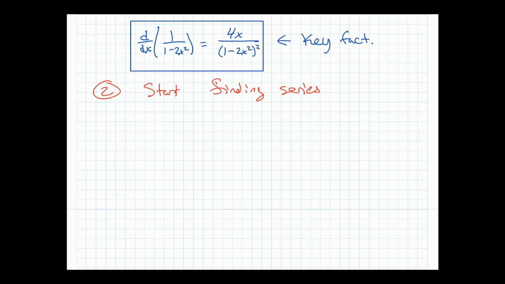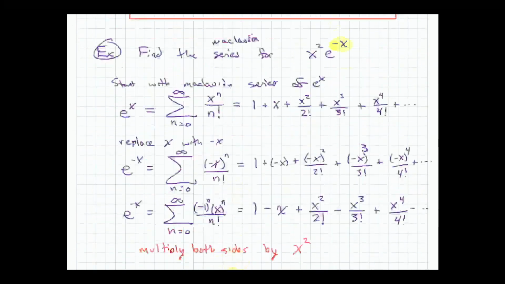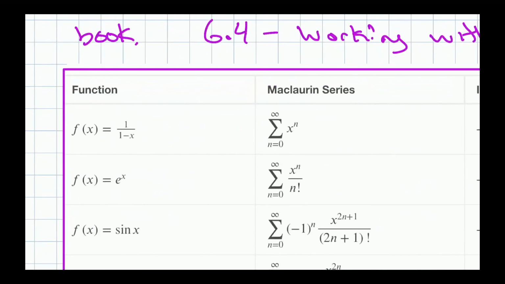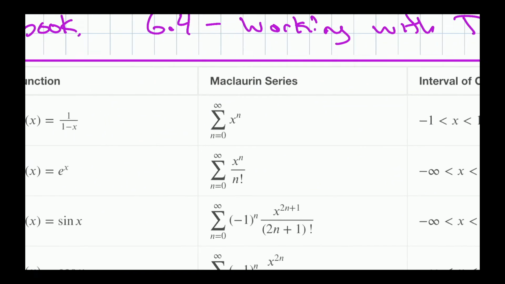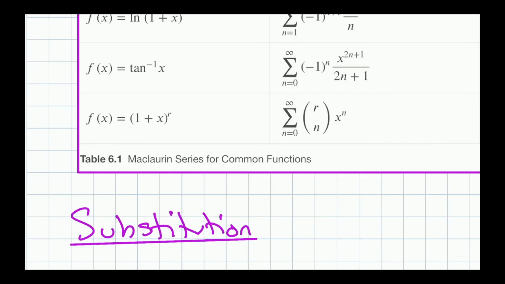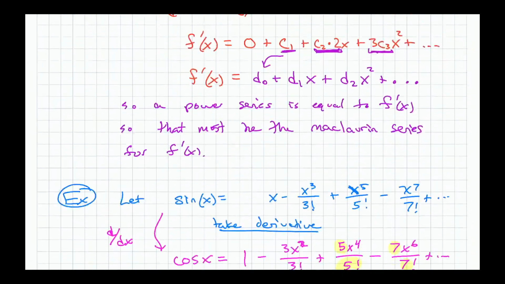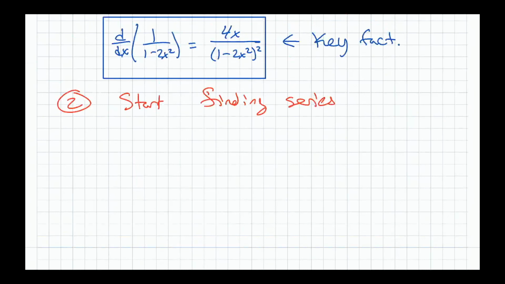Okay, so start finding the series. So the way you're going to start finding the series is you're going to write this. You're going to start with the geometric series, which is the one at the top of my list. 1 over 1 minus x is the summation of x to the n. Okay. All right, let's do this.